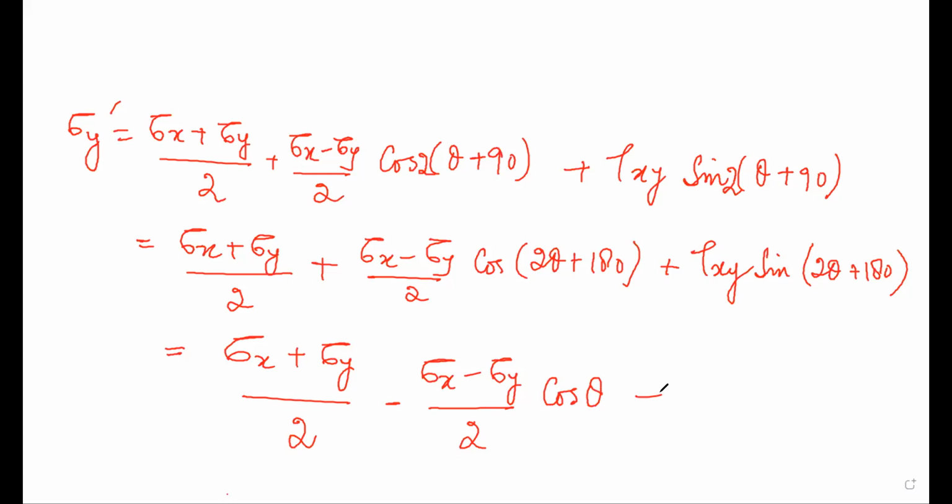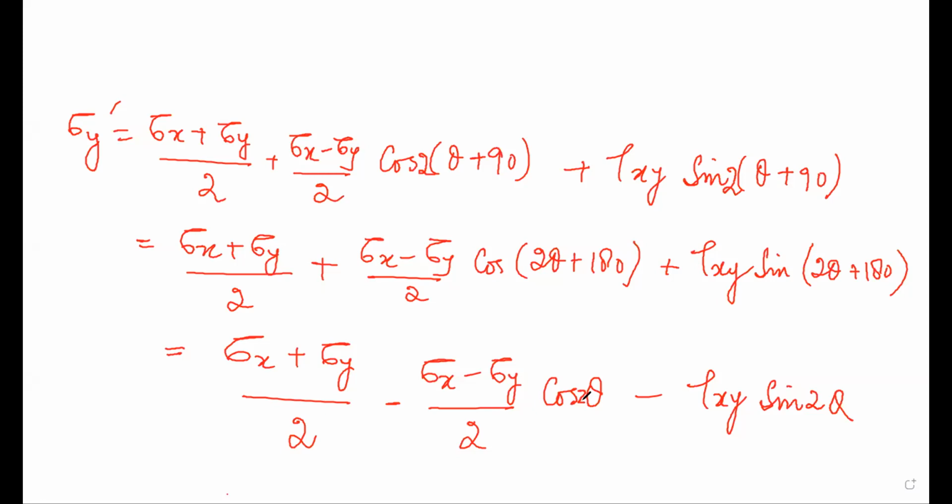Then we have tau xy, again sine of 2 theta plus 180 is in the third quadrant. In the third quadrant sine is negative, so it will be minus, but sine of 2 theta plus 180 is sine 2 theta itself. Okay, fine.